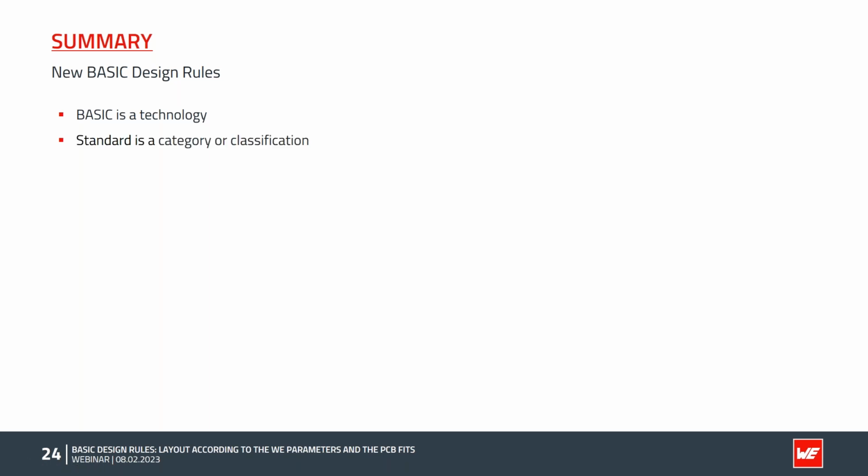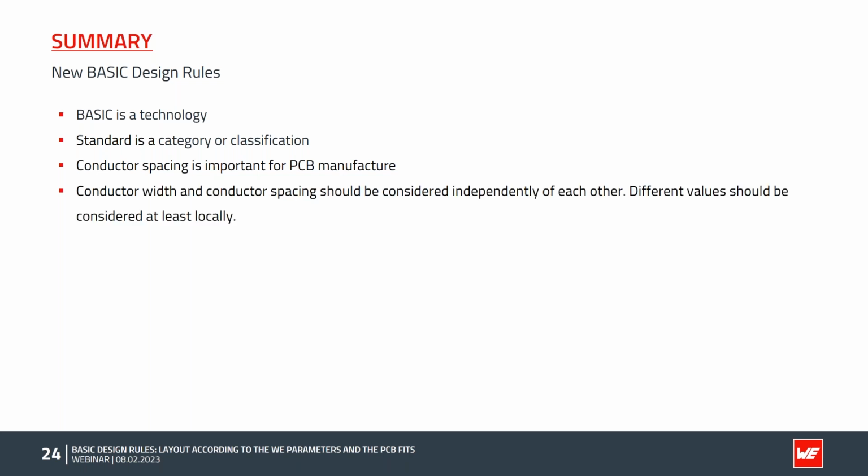Standard is not a technology, but standard is a category or classification. Conductor spacing is more important for the PCB manufacturer, and conductor width and conductor spacing should be considered independently of each other, and different values should be considered at least locally where needed.